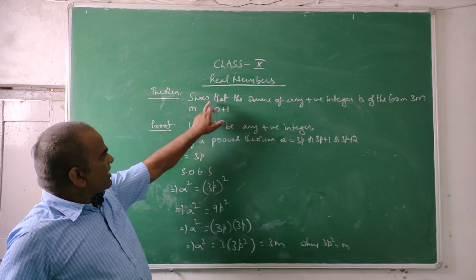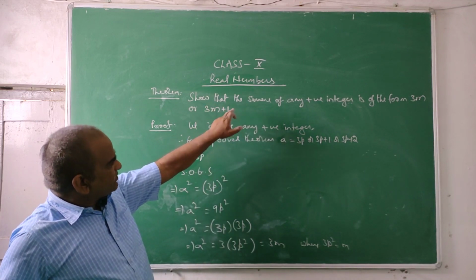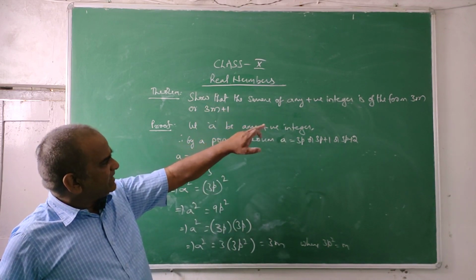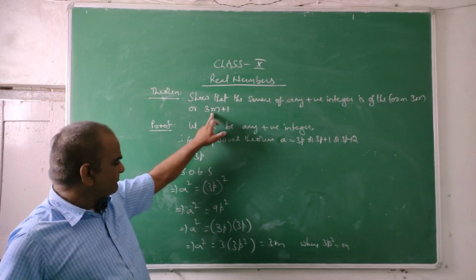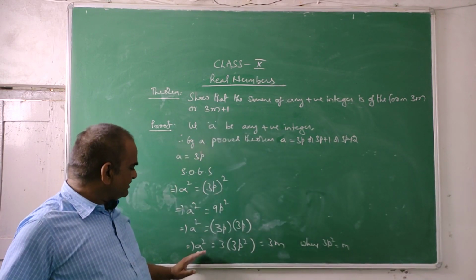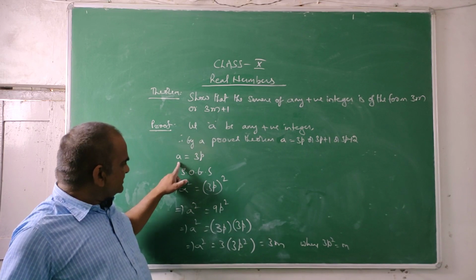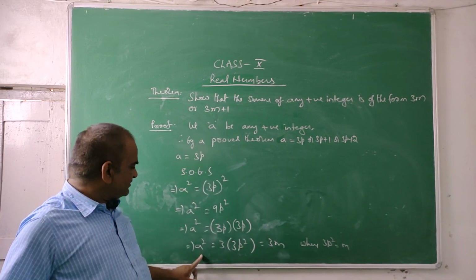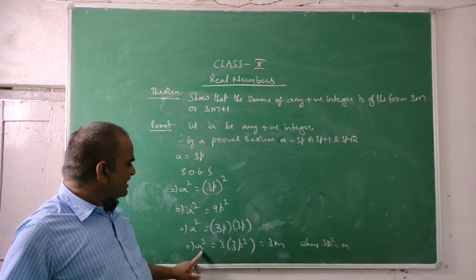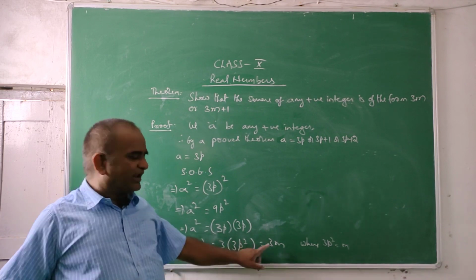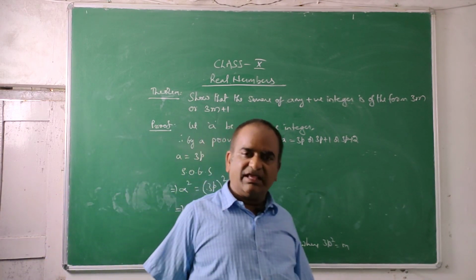So we have to prove that the square of any positive integer is of the form 3m or 3m plus 1. Now here we have seen the square. When a is equal to 3p, that square finally took the form 3m.